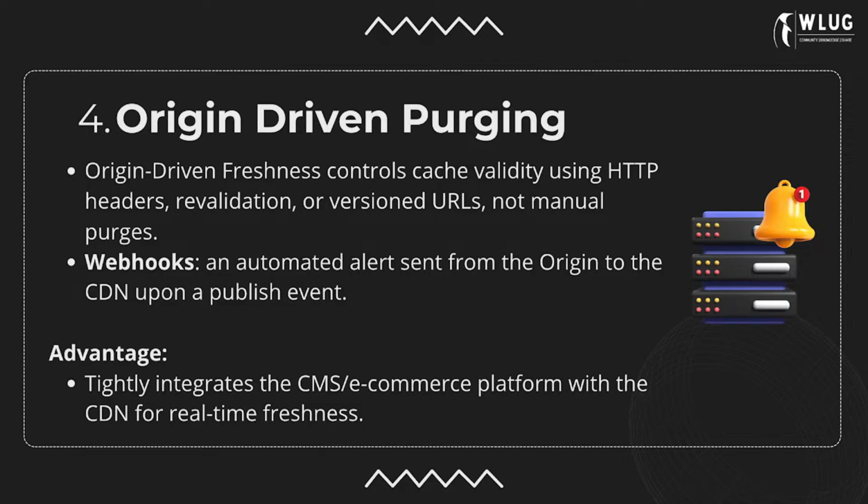So, taking an example of an e-commerce website, origin-driven purging might look like this: if there is any product that is on an offer and the product has gone out of stock, the product going out of stock would trigger an event which would lead to the product being updated as unavailable for the general user to access.